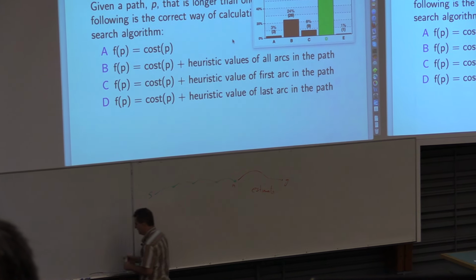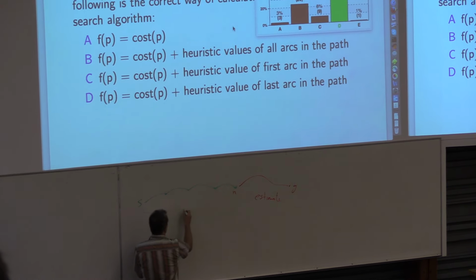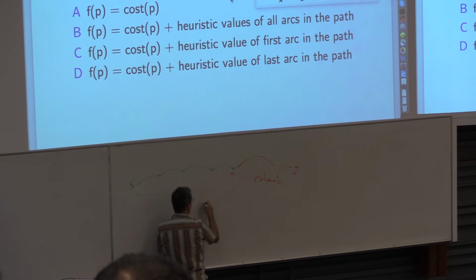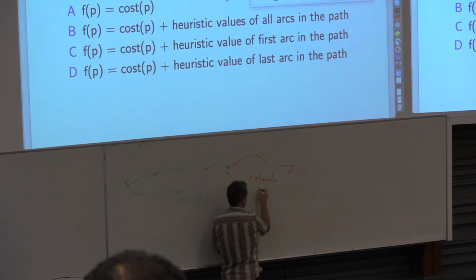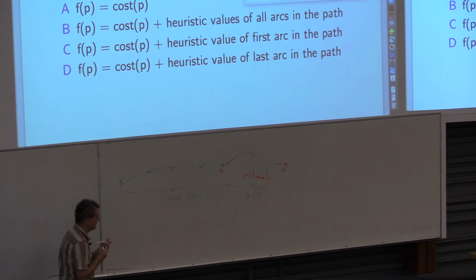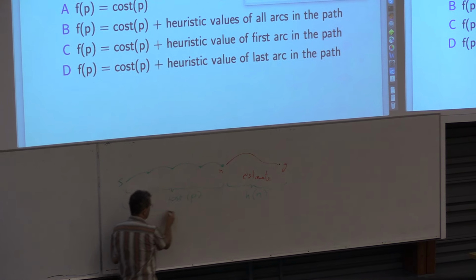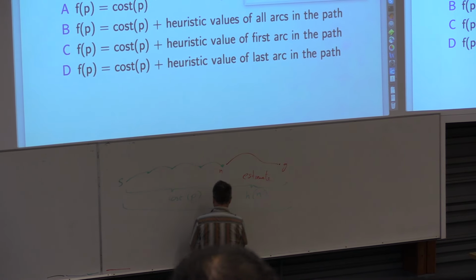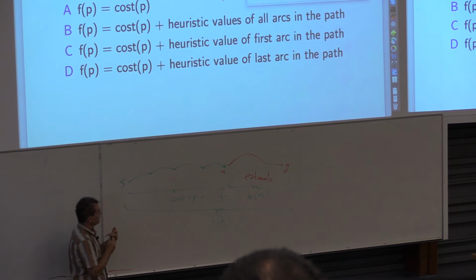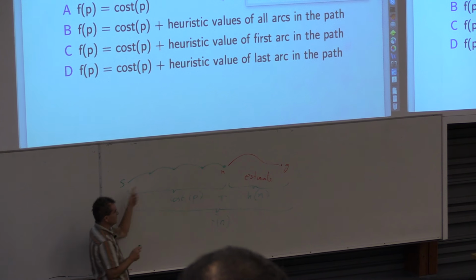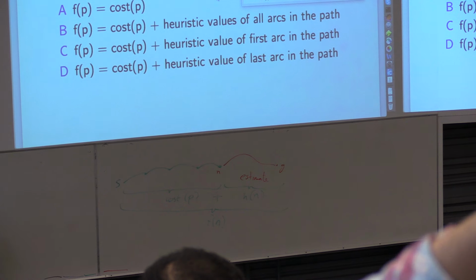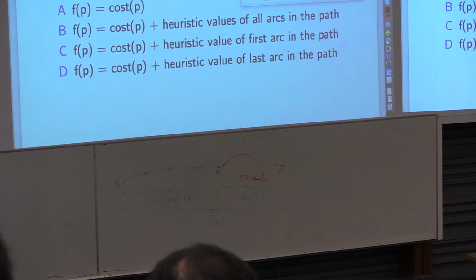And these are all the parts, and this is the cost of the path, and this is h of n, and this whole thing is f of n. You can add those up. So you started from the start, you've got the end node here, we've got an estimate of the end, and then we're doing that. You should have got that one.